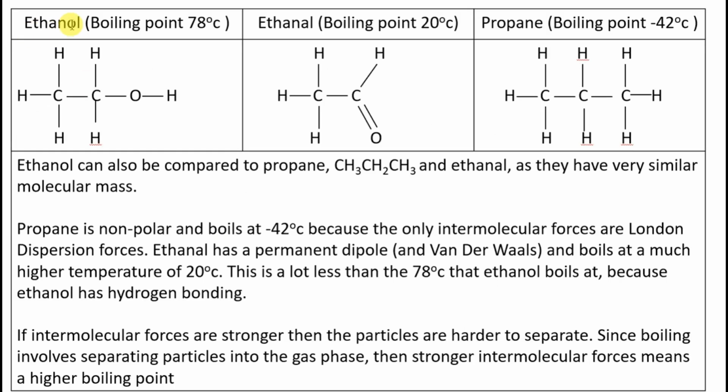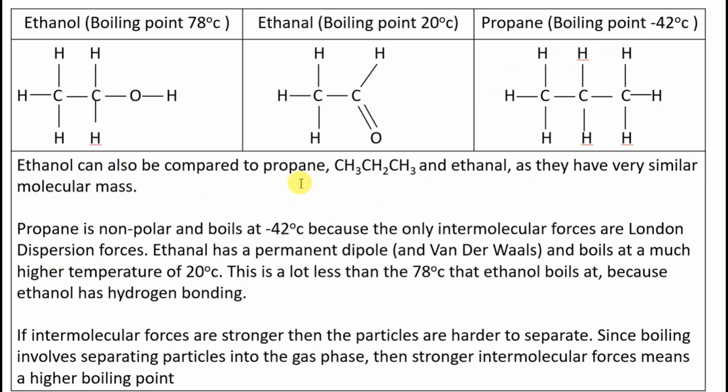Finally, three compounds: ethanol, ethanal, propane. Their boiling points given: ethanol at 78 degrees, ethanal boiling point about 20, propane about negative 42.